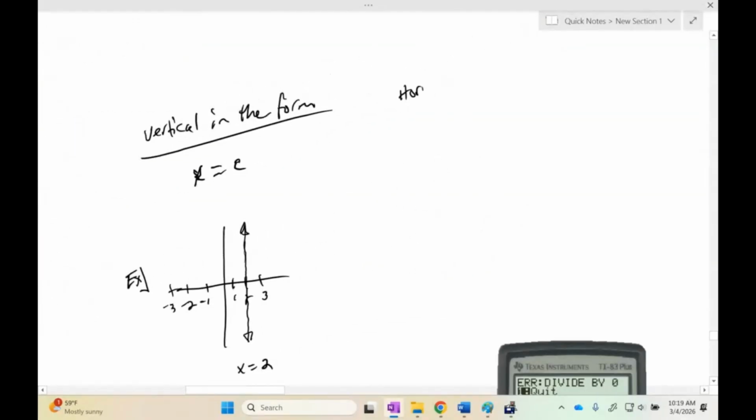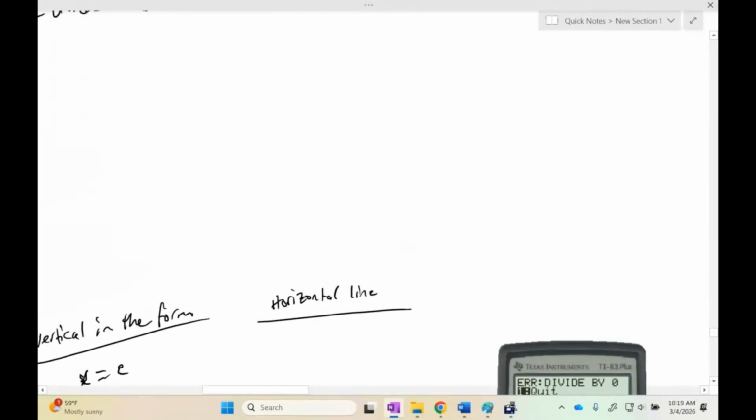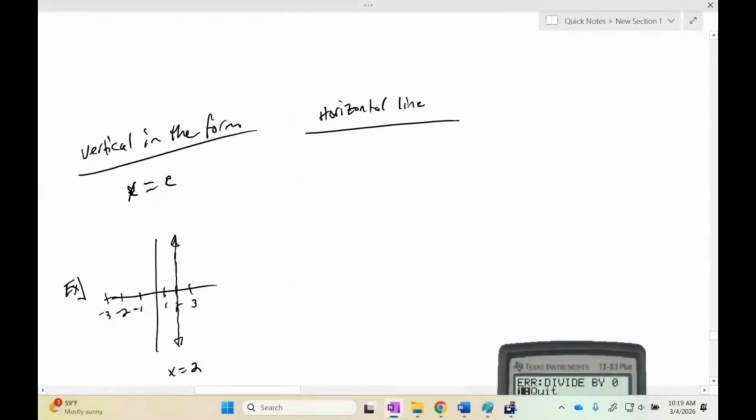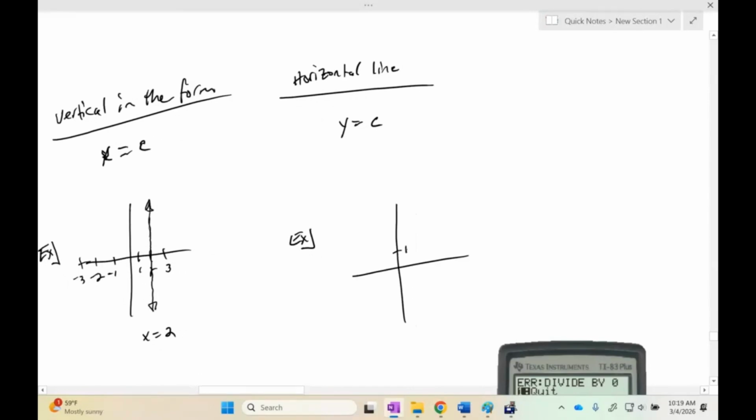For a horizontal line, they're in the form y equal to c. So let's just say if this is the graph, what would be the equation?